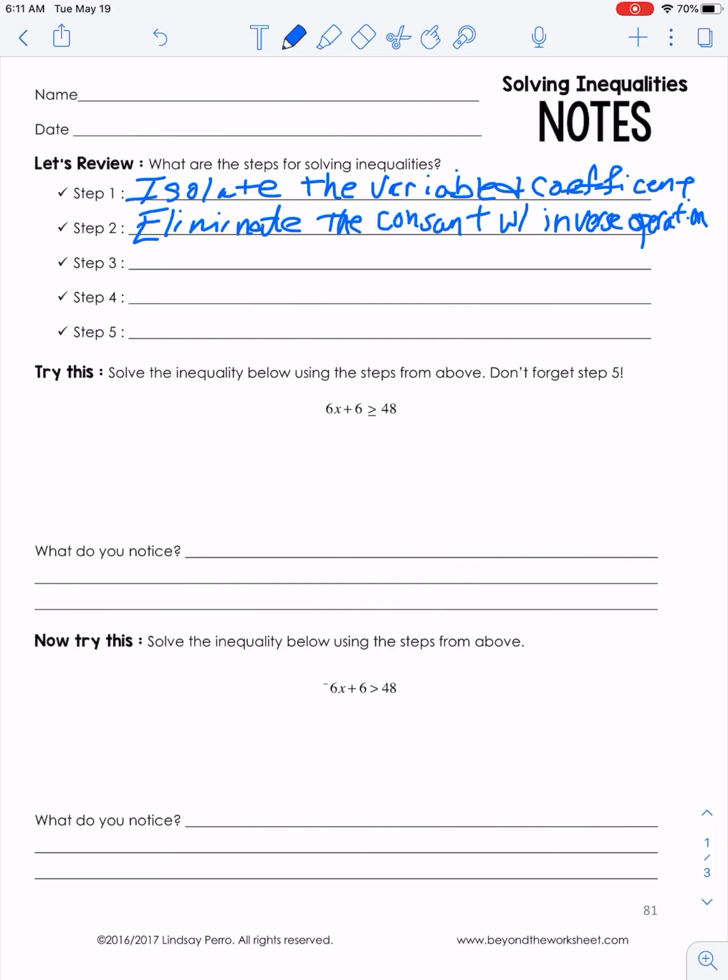So once we've eliminated that constant, then we can isolate our variable. And we do that by eliminating the coefficient by using the inverse operation.